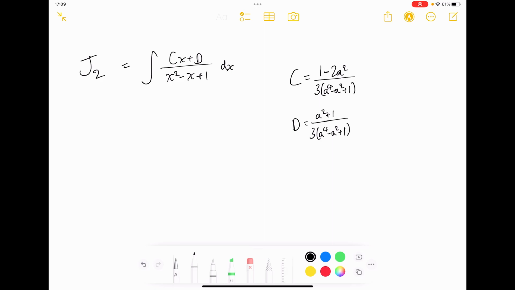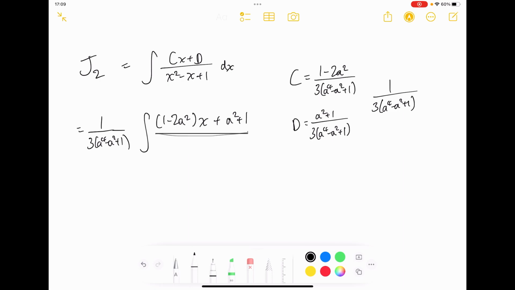So notice that C and D have a common factor of this, right? And again, we can pull that out of the integral. So that's fine. And what's left in C? Well, we're going to have 1 minus 2a squared left in C, x plus a squared plus 1, because that's what's left in D, divided by the denominator.